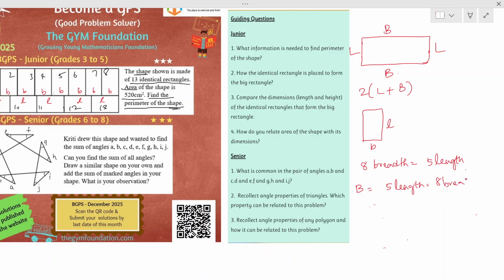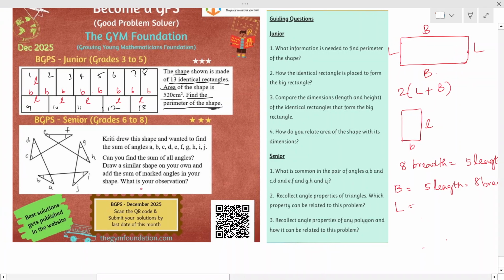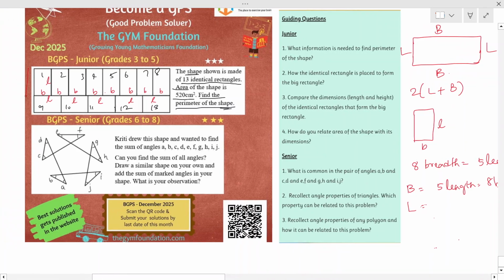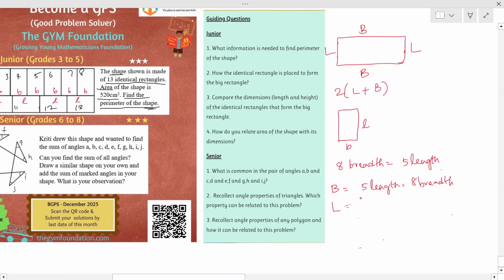Both are the same. And capital L, the length of this bigger shape, is equal to the length of the smaller rectangle plus the breadth of the smaller rectangle, so l plus b.